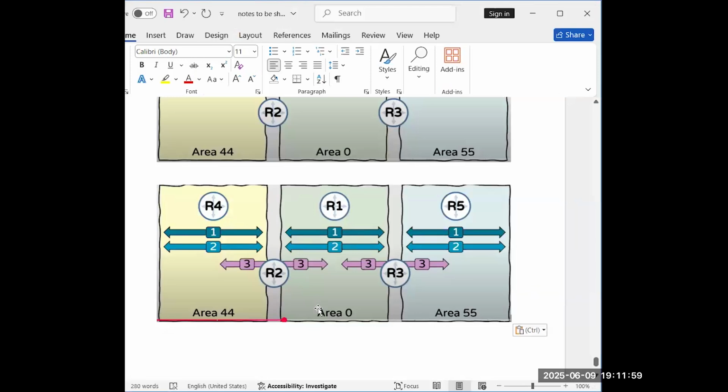So here, only R2 and R3 are going to send this information between the areas. Now it is somewhat clear for you what type 3 is. Say if this area alone has 10 IP subnets being routed within it, all these 10 networks are going to be advertised over here.